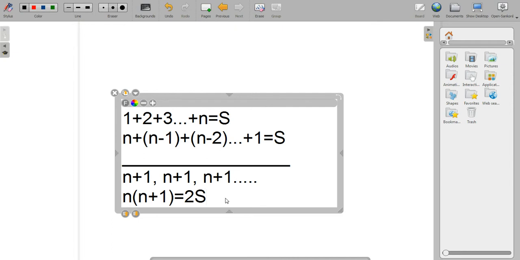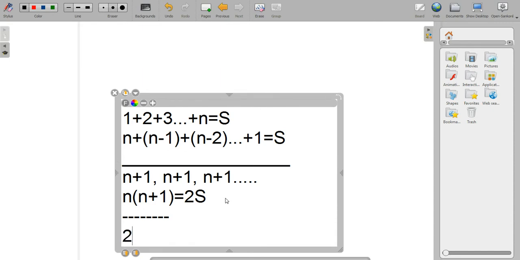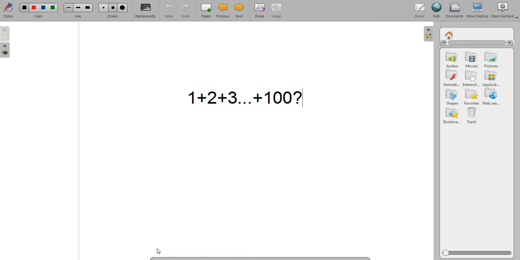So now how do we solve for s? Well, just divide this by 2. Easy enough. You divide both sides by 2, you get s, and you get divided by 2 here. That's interesting. Let's apply it to the problem we had. So what was the formula?